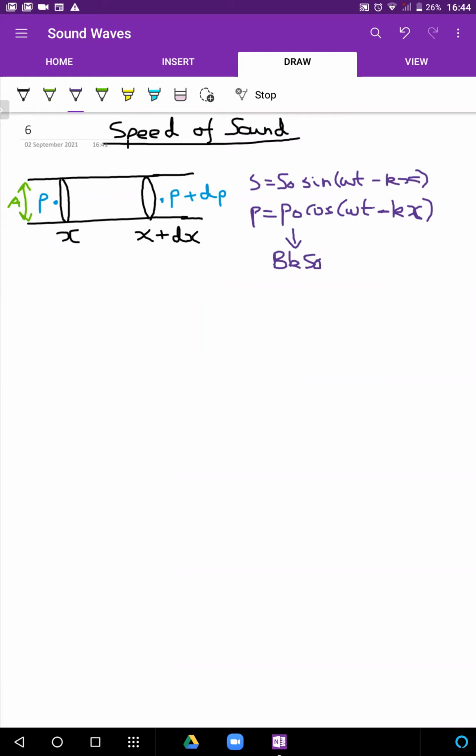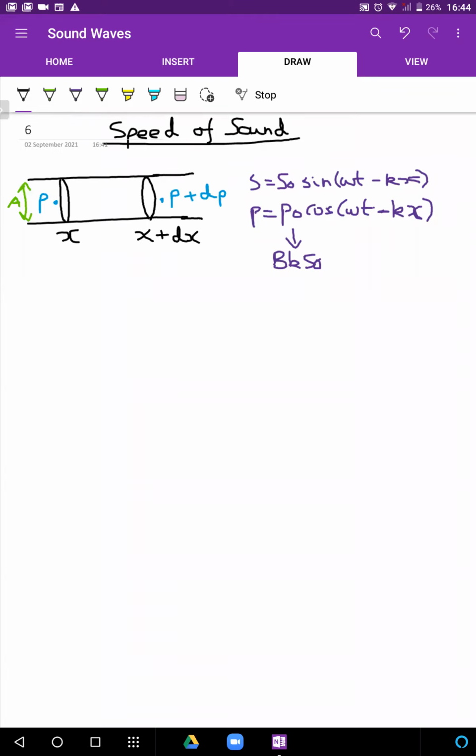Now, the force we're going to try and write, we're going to apply Newton's second law on this element between x and x plus dx. That is interestingly enough going to help us get our velocities. Okay, so let's apply Newton's second law.